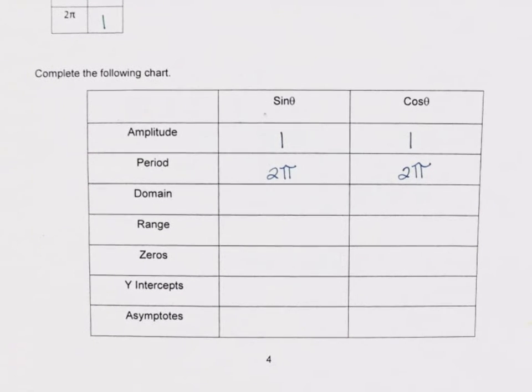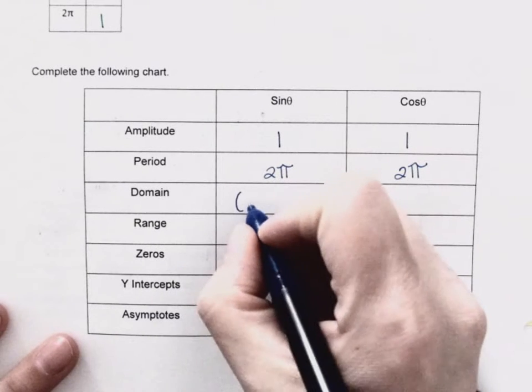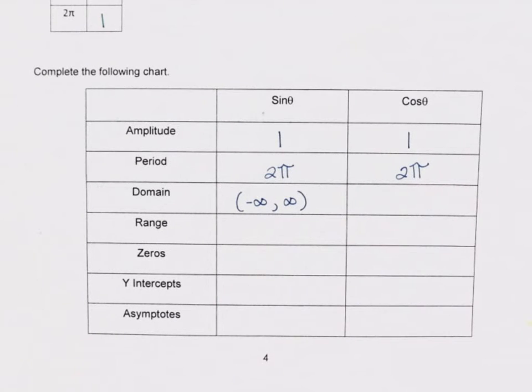What would this domain be if there was no restriction on it? Because we can keep going around that circle forever, right? We keep doing rotations around that circle for infinity.